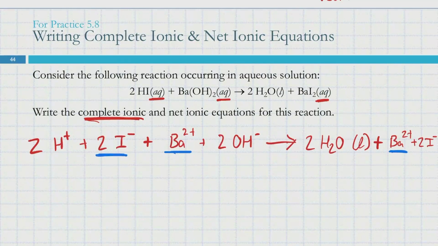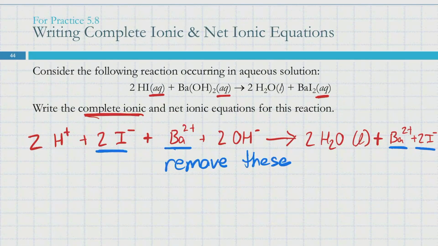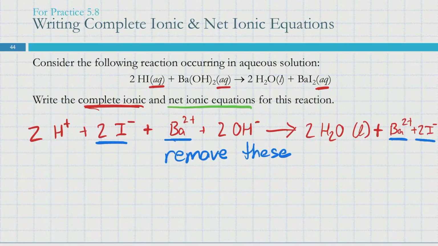The other spectator ion is the I minus. So we're going to remove the things that are underlined, the I minus and the Ba2 plus. And we'll rewrite it with just the things that are left, and that's our net ionic equation.